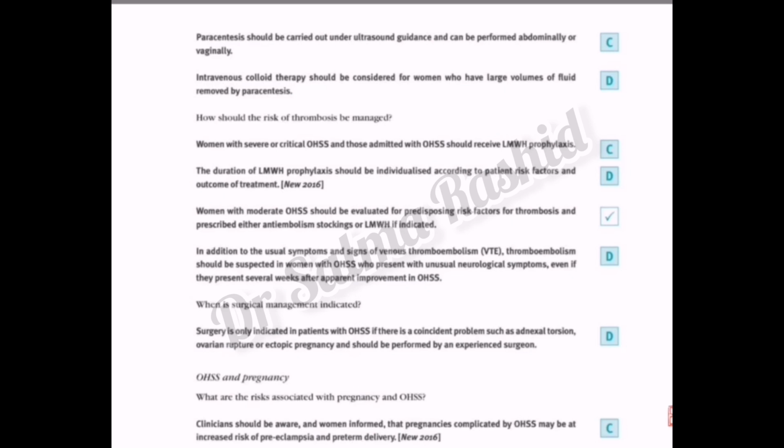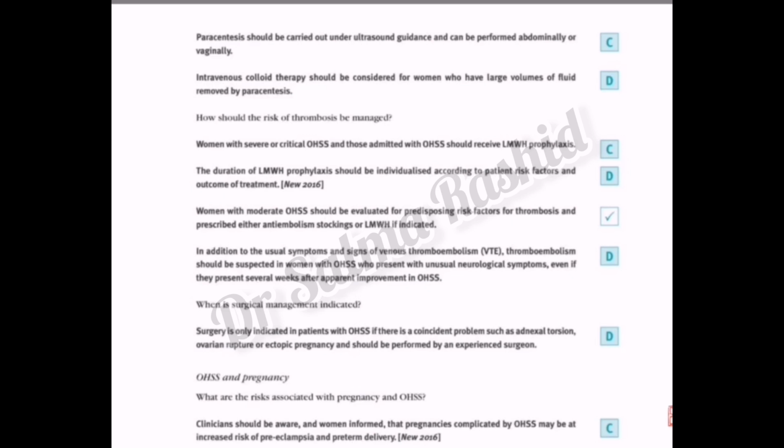In addition to the usual symptoms and signs of venous thromboembolism, thromboembolism should be suspected in women with ovarian hyperstimulation syndrome who present with unusual neurological symptoms, even if they present several weeks after apparent improvement in ovarian hyperstimulation syndrome.